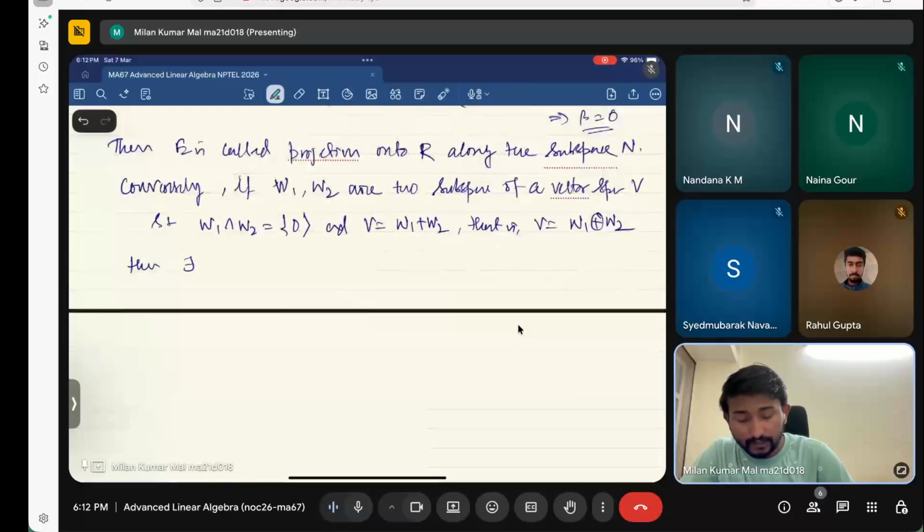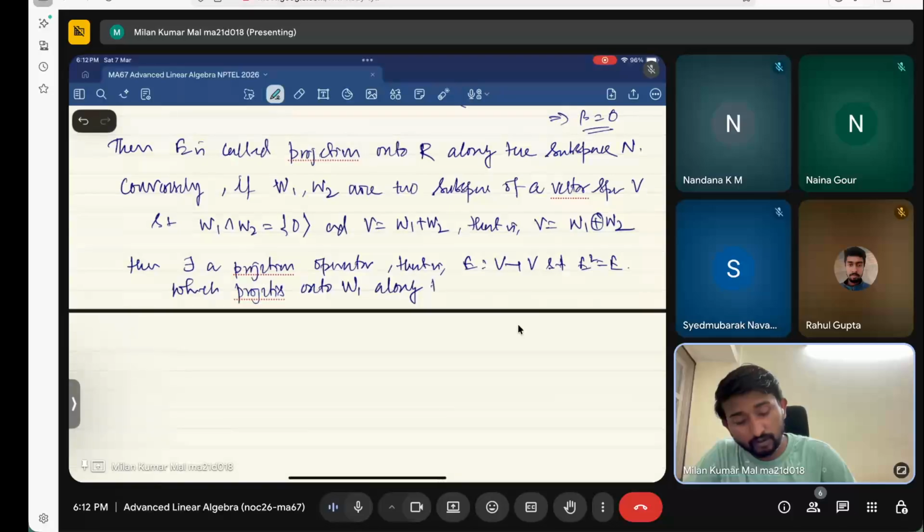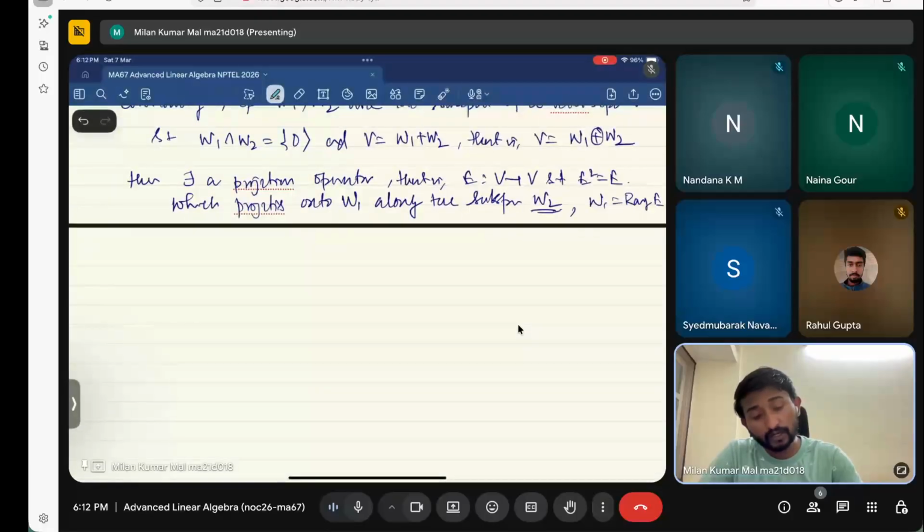Then there exists a projection operator, that is an operator E from V to V such that E square is equal to E, which projects onto W1 along the subspace W2. That means W1 is equal to the range of the operator E and W2 is equal to the null space of the operator E.